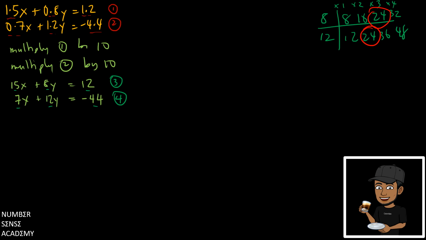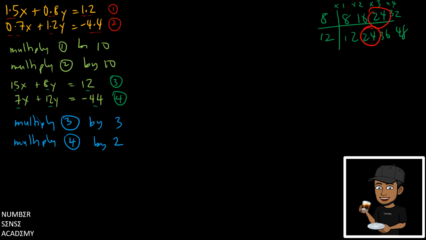And the biggest I have to multiply by is 3. It's good enough for me. So now we're going to multiply equation 3, because we're going to work with the y's, by 3. And then we're going to multiply equation 4 by 2. Because 12 times 2 is 24. 8 times 3 is 24.